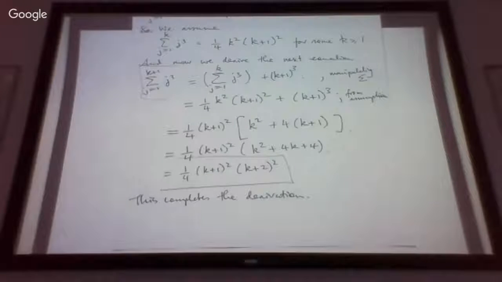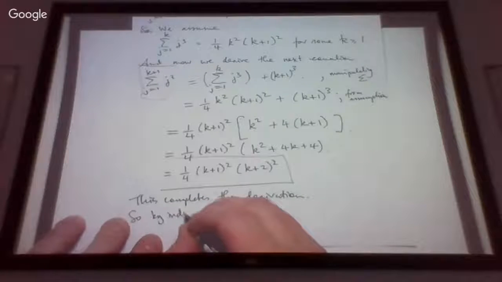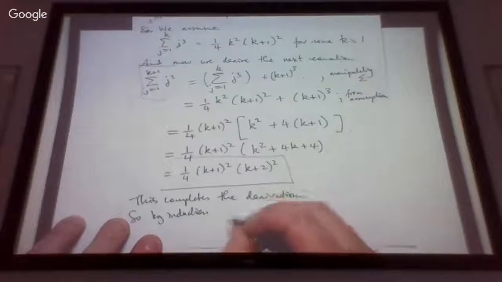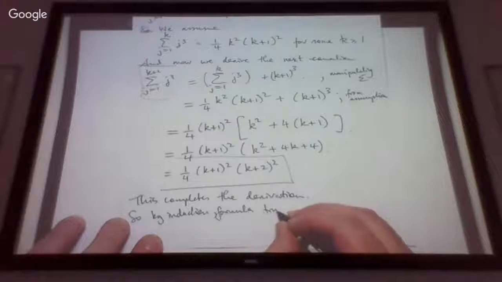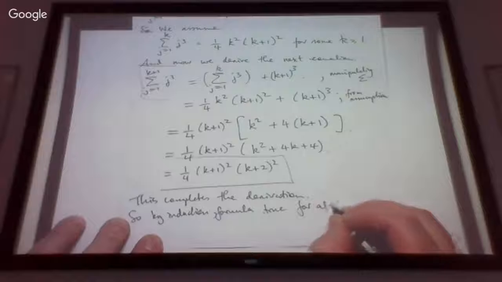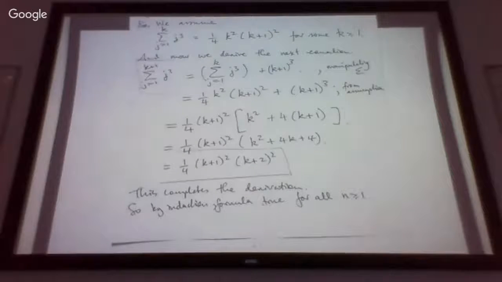So, by the principle of induction, the formula must be true for every integer value of n bigger than or equal to 1. N being an integer is implied.